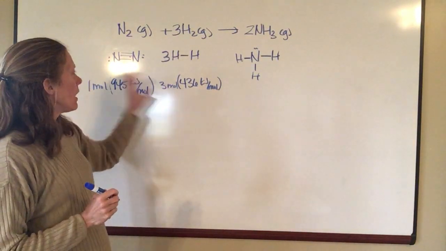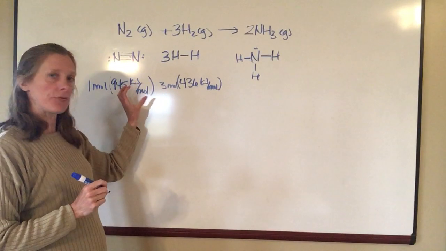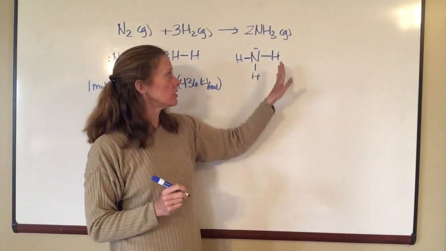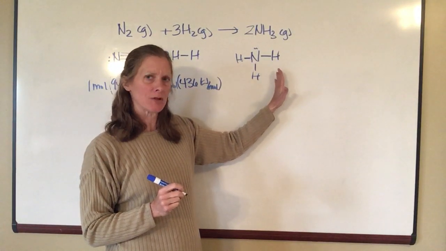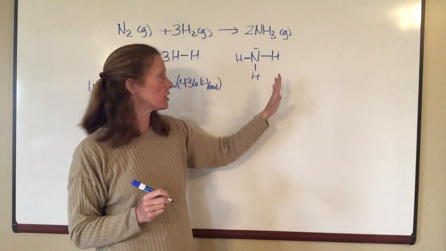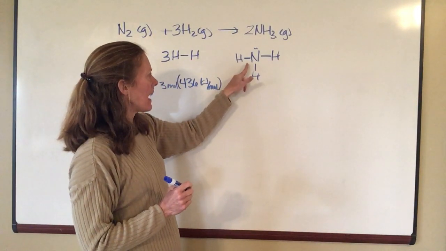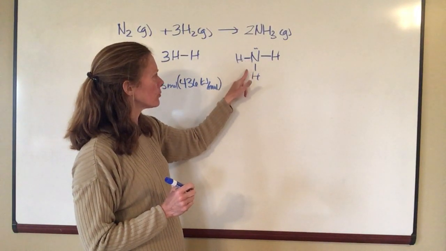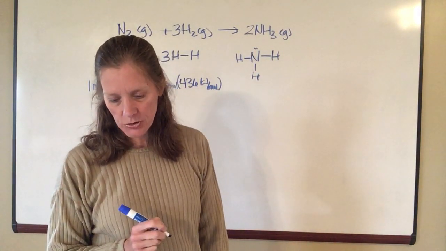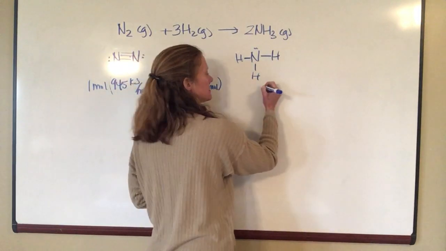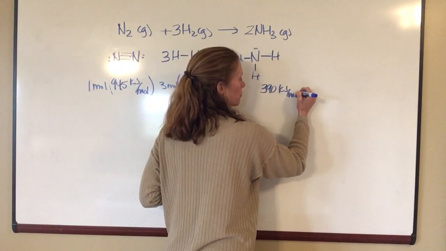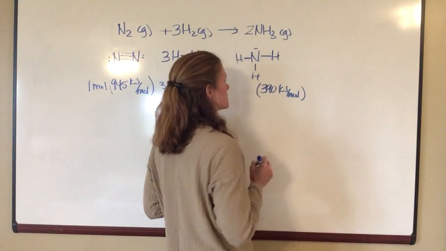Okay. Now, I have all this energy that it takes to break these bonds. I have to use energy to make these bonds. So how much energy is it going to take me to create these bonds over here? Well, here I have 3 nitrogen-hydrogen bonds, and in order to make those, it's 390 kilojoules per mole to make one of those bonds.